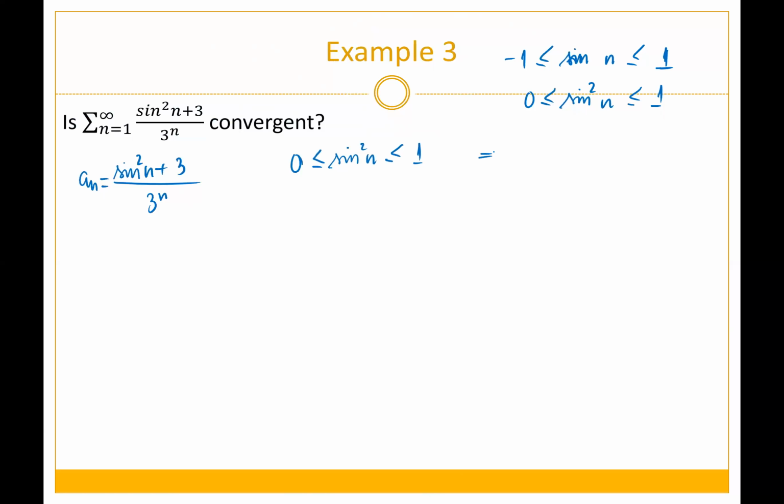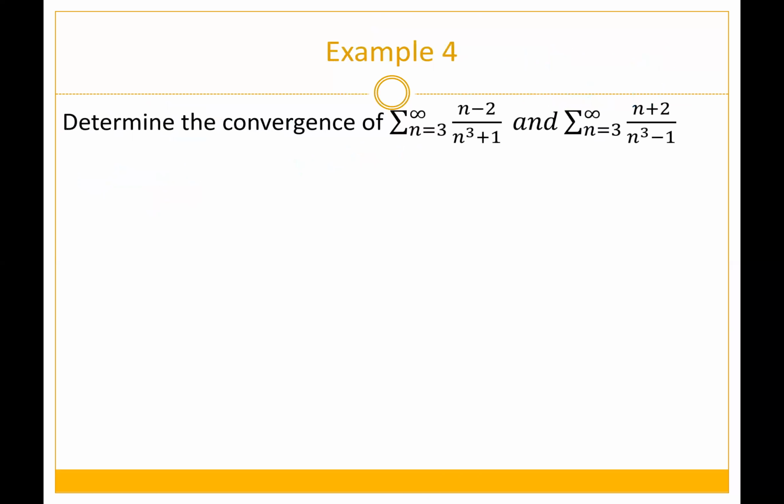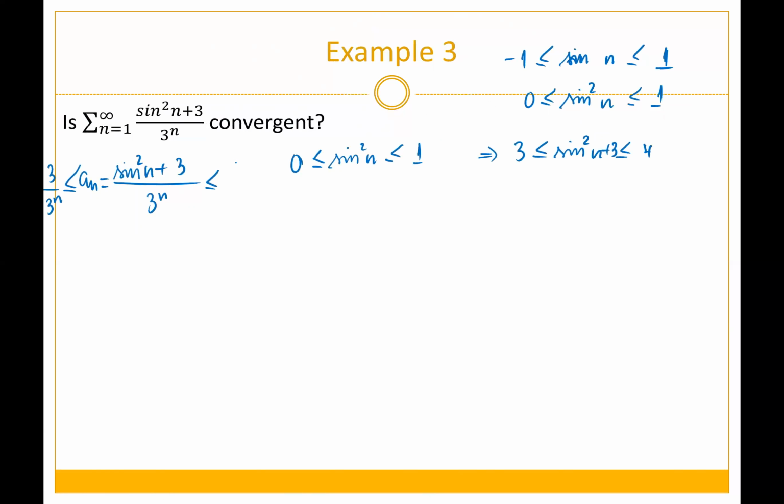If you add 3, then 3 is smaller than or equal to sine squared n plus 3, which is smaller than or equal to 4. So this term is always smaller than or equal to 4 over 3 to the n, and bigger than or equal to 3 over 3 to the n.